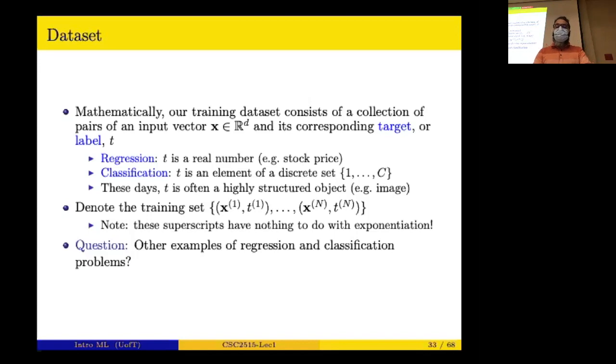Usually that's not the way we define it, but the way we define it here is that regression would be when the output is a real value, but classification would be when the output is a discrete set. There might be slightly different definitions elsewhere. In that case, essentially you say anything that has a target, doesn't matter what type of object it is, discrete or continuous, that would be regression. But that's not the definition that we use here in this course.